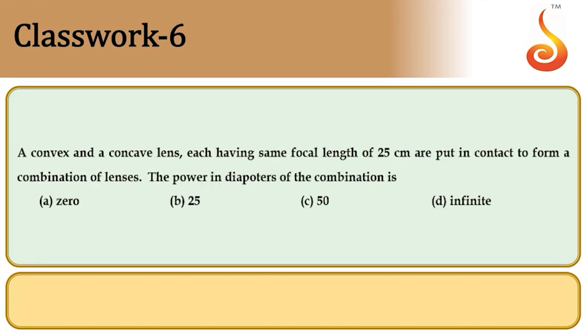Example 6. A convex and a concave lens, each having same focal length of 25 centimeter, are put in contact to form a combination of lenses. The power in diopters of the combination is. So 1 by F is equal to 1 by F1 plus 1 by F2 when in contact, 1 by 25 minus 1 by 25, as one is convex and the other is concave.